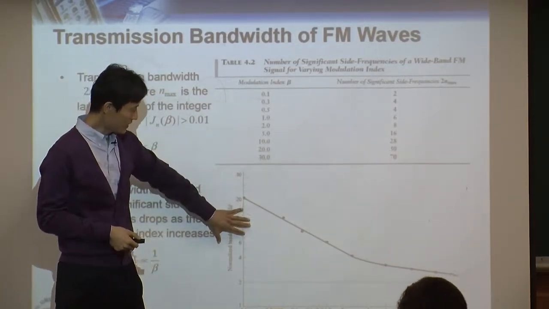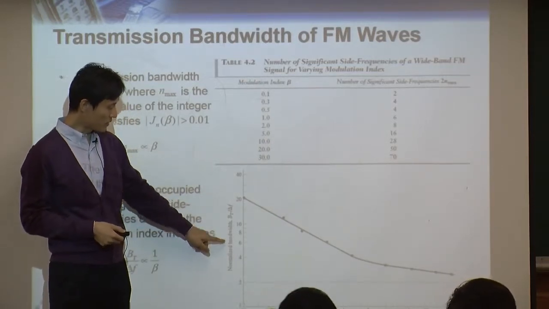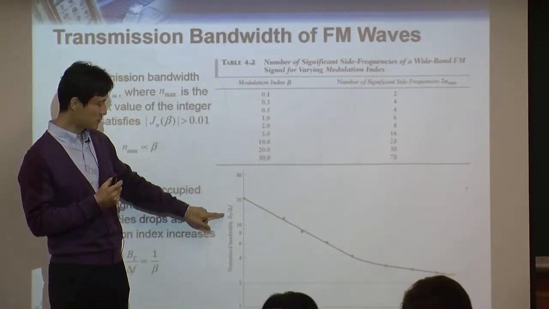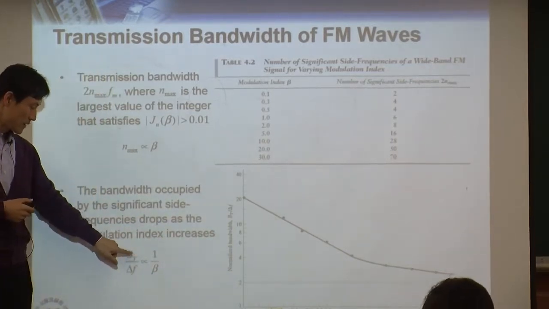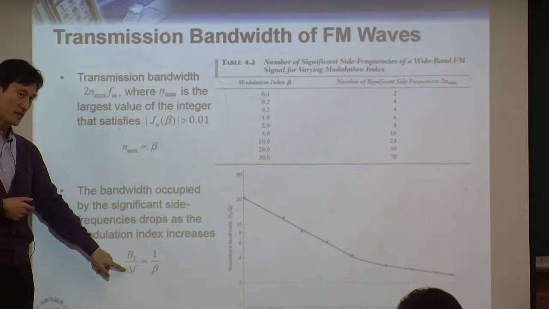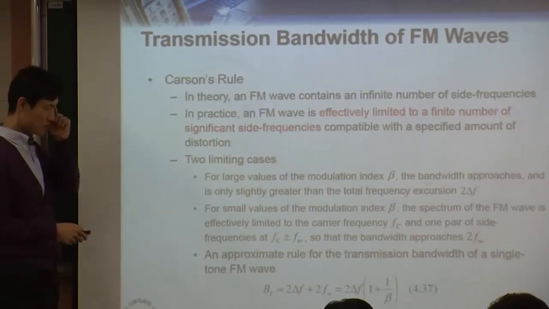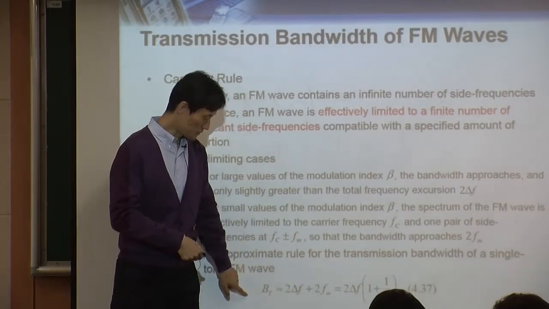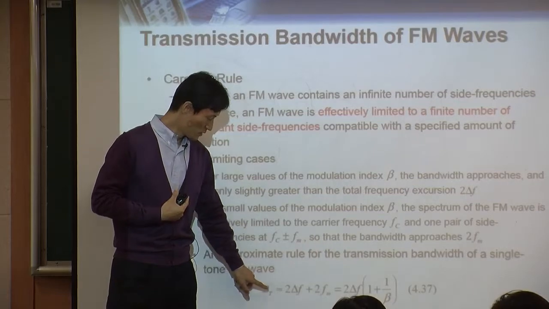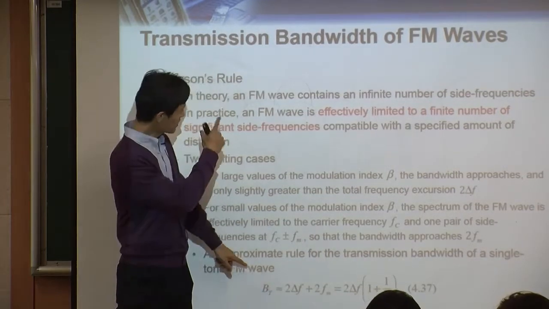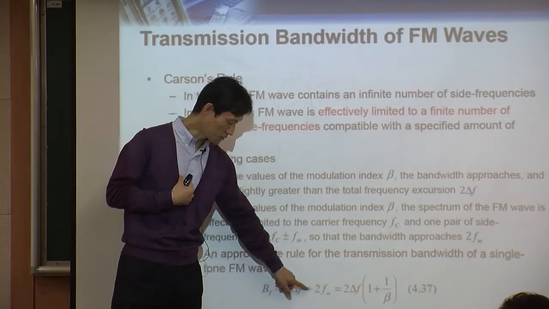But in this figure, what we want to look at is the normalized bandwidth, BT divided by delta F, our bandwidth divided by delta F. Let's go back to Carson's rule. BT is our bandwidth, and based on Carson's rule, the bandwidth equals 2 delta F plus 2 FM.